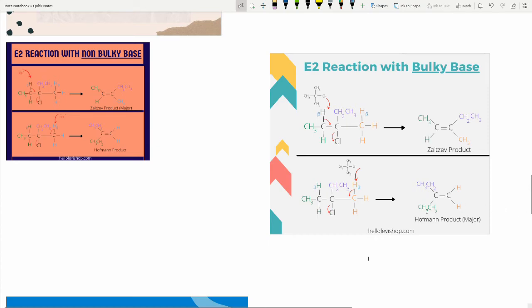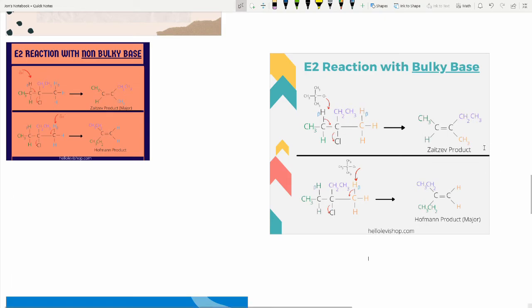The product will be the major product just because it's easier for the bulky base to abstract that one. Even though it is not the more substituted one, it will still be the major one just because it's easier for the base to abstract that beta hydrogen. So we end up with a di-substituted alkene, and again that is the Hofmann product.